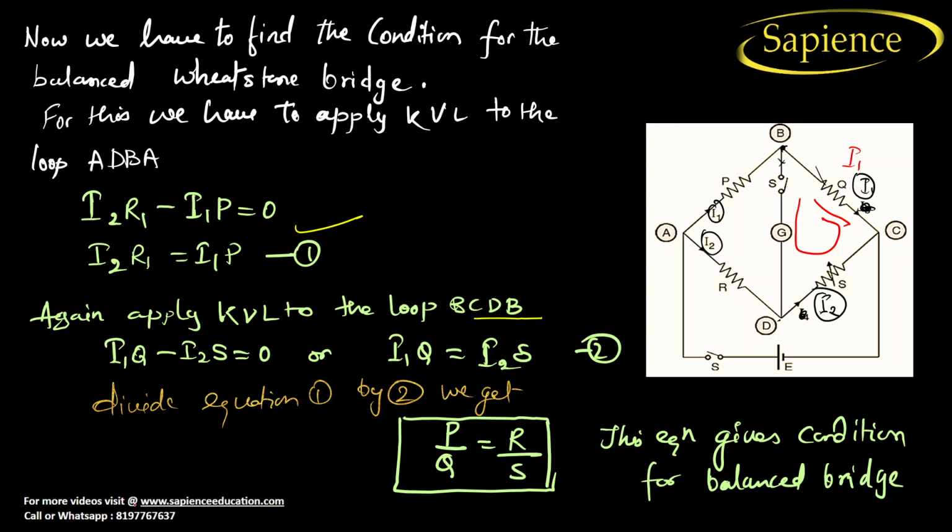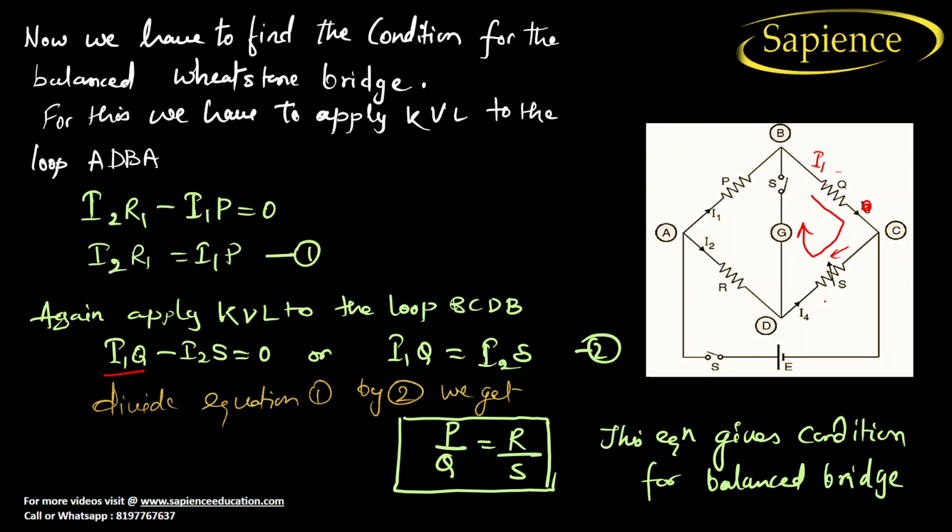When we are talking about the loop BCDB, we are going with this current, but this current is also I1. Don't consider this as I3. So this will be I1, and we are going with the direction, so there is no negative symbol. So this will be positive.